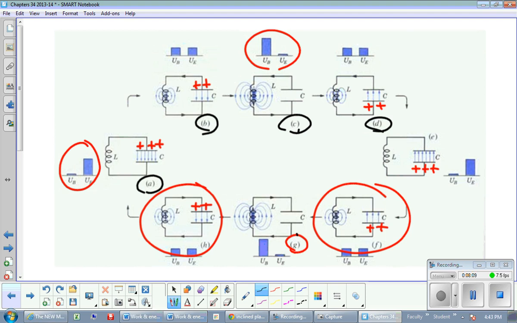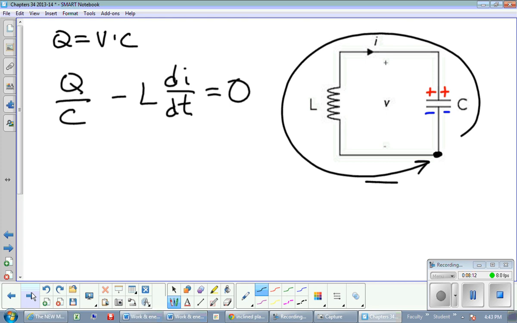So I think the best way to do it is just the very definition of current. What is current? It is the rate at which charge flows. So we could describe I as dq dt. I may have said that wrong. The current is the rate at which charge flows, dq dt. But in this case, we have to look carefully at the direction of the current flow.